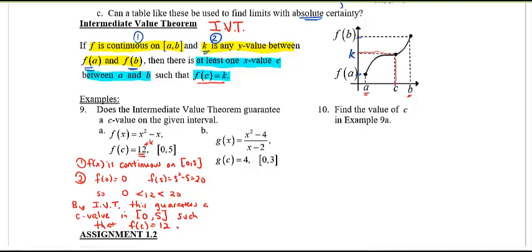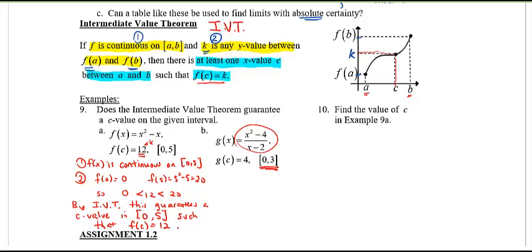Let's do b now. So once again, you've got to think to yourself, does this expression satisfy the two conditions? And I can say to you, yeah, this is a rational function, so it's continuous everywhere except perhaps at 2. Uh-oh. Look at my interval. It's from 0 to 3, and look where that hole is.